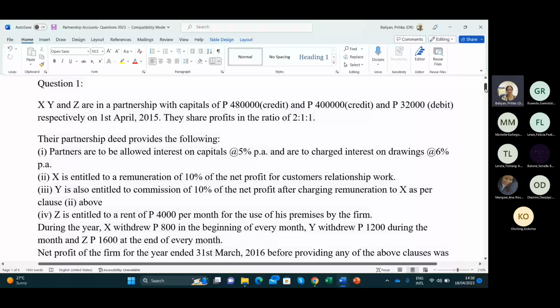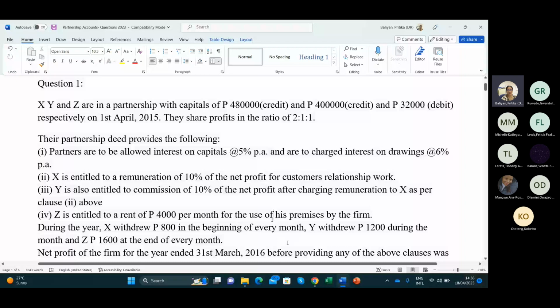At the beginning of every month, X withdrew 800, Y withdrew 1,200 during the month, and Z withdrew 1,600 at the end of every month. So you have to charge the interest, which is 6% per annum. If X withdrew at the beginning of the month, it means you also need to include the first month of the year.